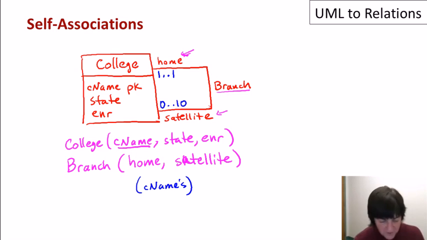But in terms of generating our relations, the only really important thing is this one-to-one, and if you remember what our rule said, it said that if we have one-to-one on one side, then the other side is a key in the association relation. So what that would tell us is that satellite is a key here, and that does make sense. So we'll only have each satellite's home campus listed once, but home might have many satellites, so the left-hand side would not be a key.